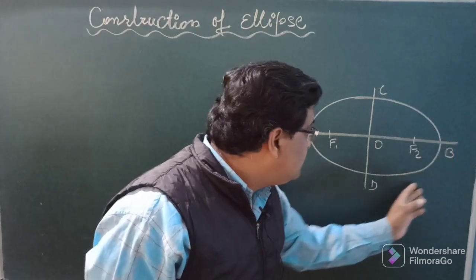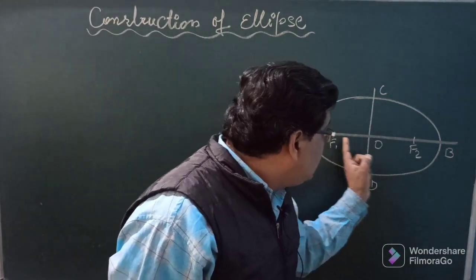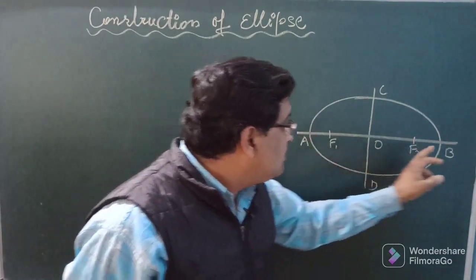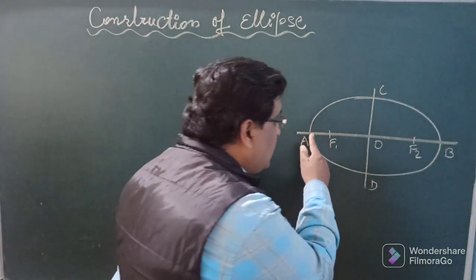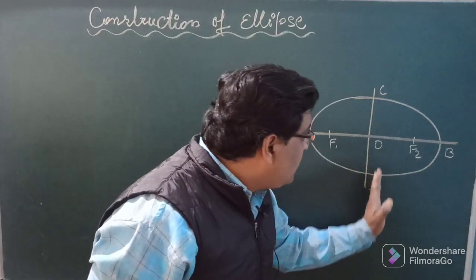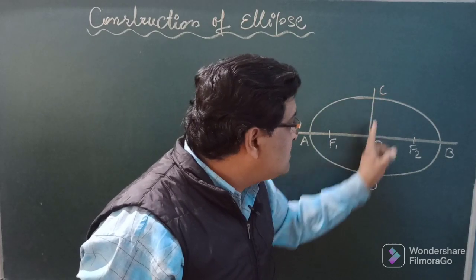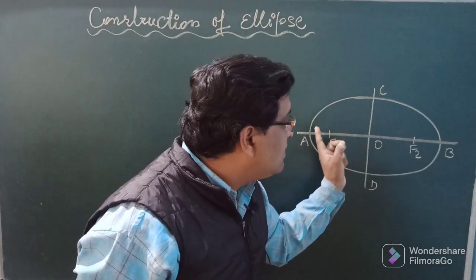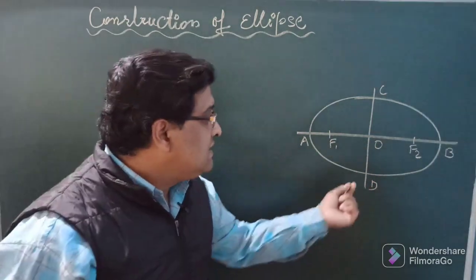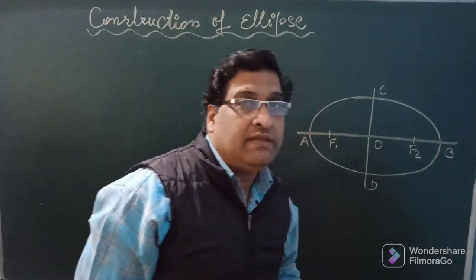So this is an ellipse. You can say that this is the axis where the curve is cutting this axis at 2 points, point A and point B. If I draw a perpendicular at the midpoint of this axis, and this perpendicular axis is cut by the curve at another 2 points C and D, we can say that this CD is the minor axis and this AB is the major axis.